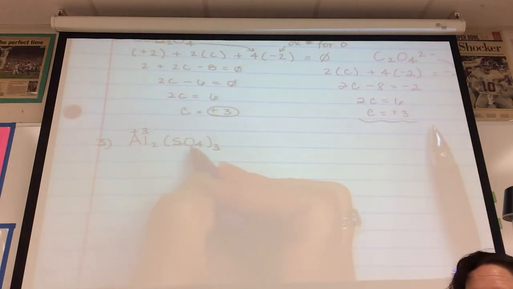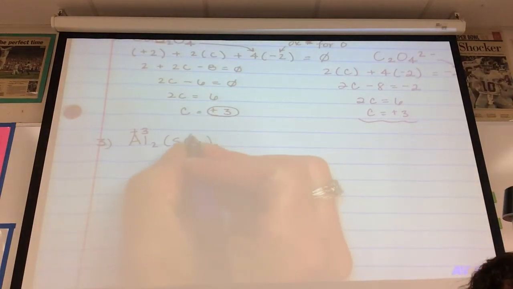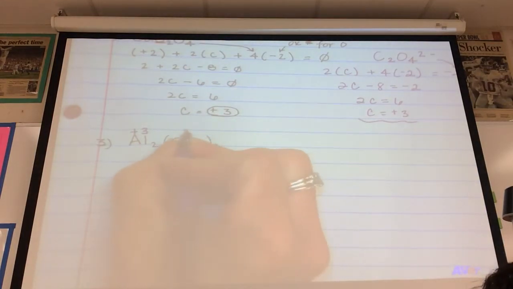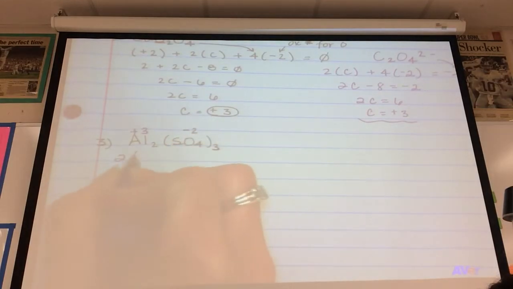Oxygen in a compound that's not a peroxide or one with fluorine has what oxidation number? -2. We've got 2 aluminum +3.